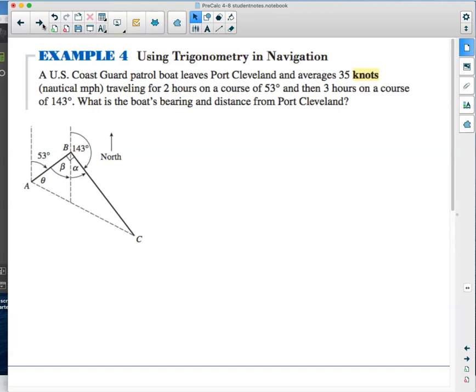So I started thinking, they did tell me how fast it was going, and they did tell me how long it traveled. And this little formula, distance equals rate times time, would help us figure out what our labels should be for the side lengths of that triangle. So the first time around they said it went 35 nautical miles per hour, traveling for 2 hours.